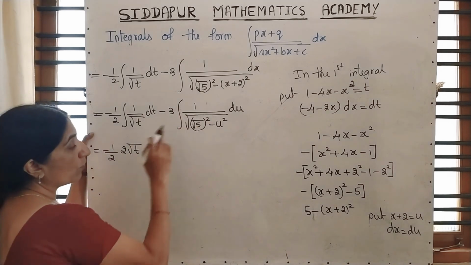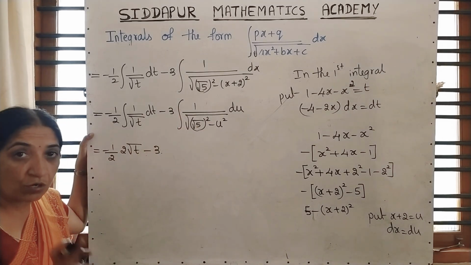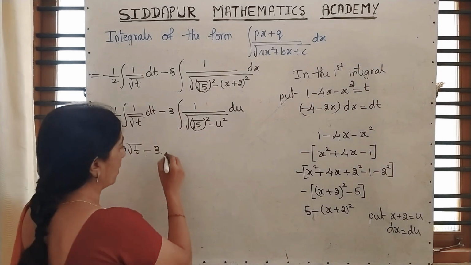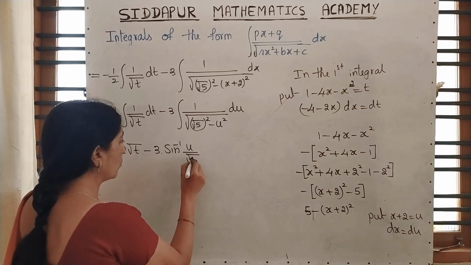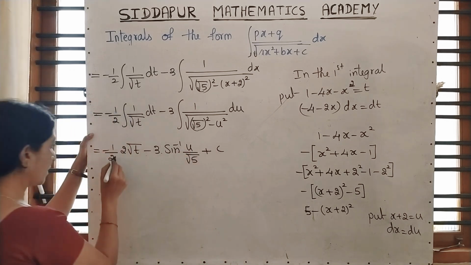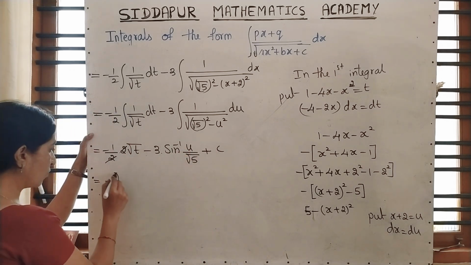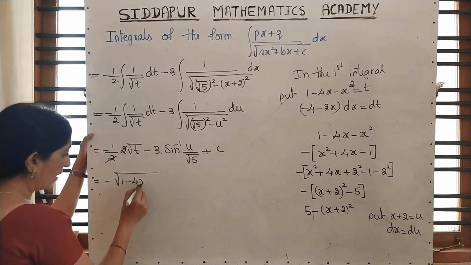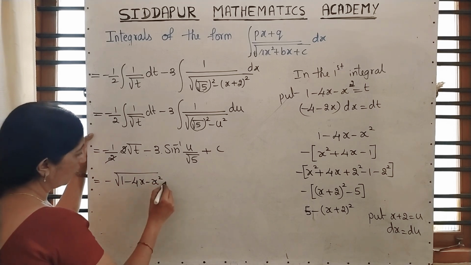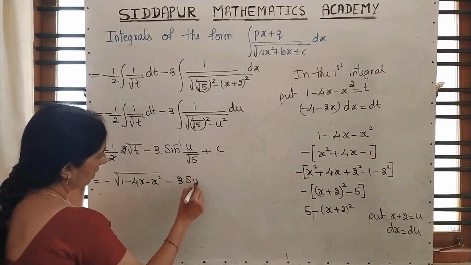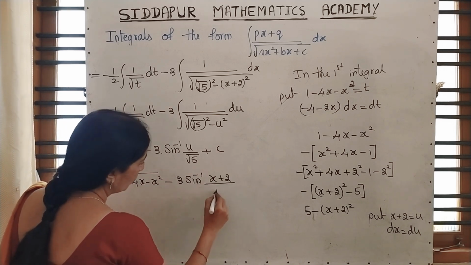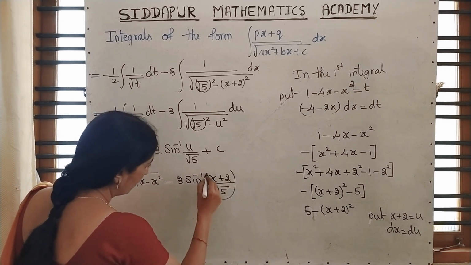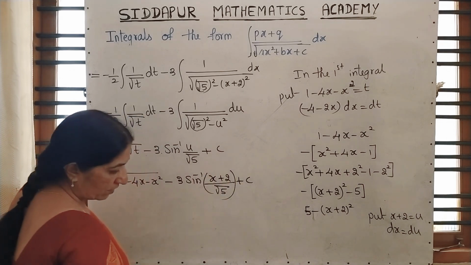It is in the form of 1 upon root of a square minus x square. That is sine inverse of u upon root 5, plus 2 gets cancelled: minus root of 1 minus 4x minus x square minus 3 sine inverse, u value is x plus 2 upon root 5, plus c.